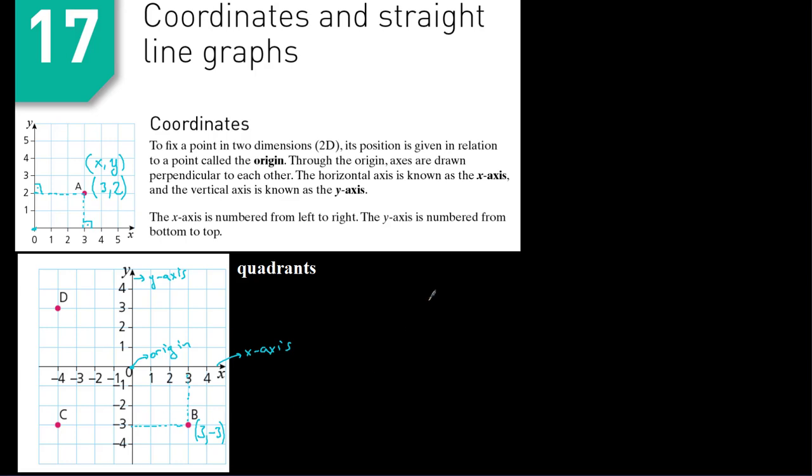What about C? C is here. First I draw to the x-axis, which is equal to -4. Then to the y-axis, which is equal to -3, which is in the third quadrant.